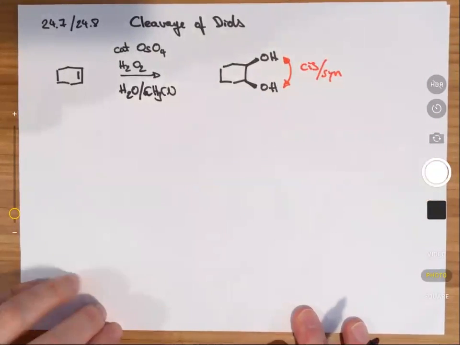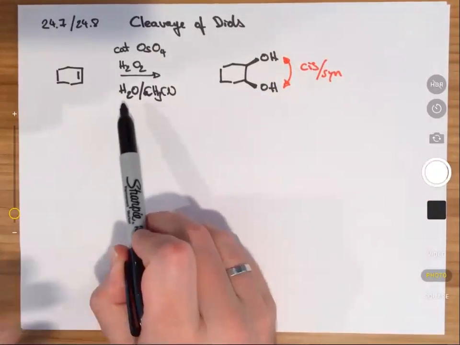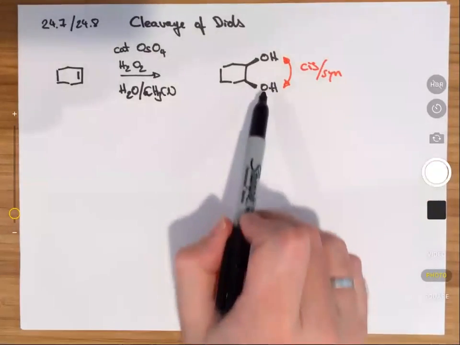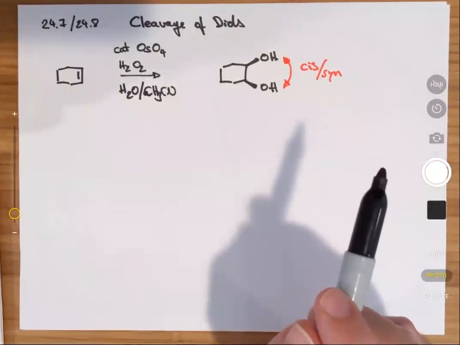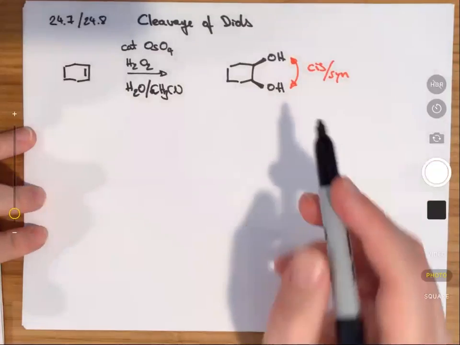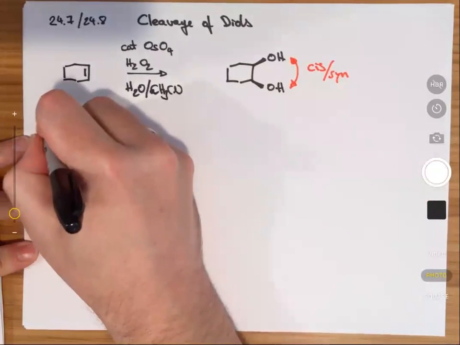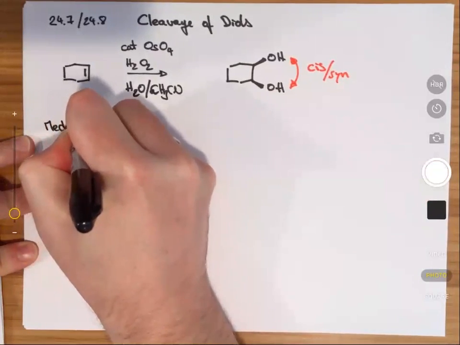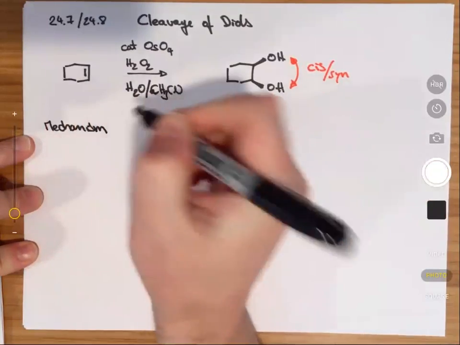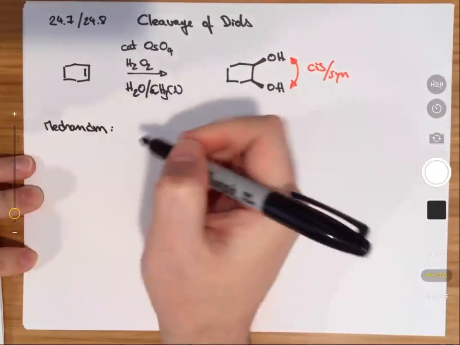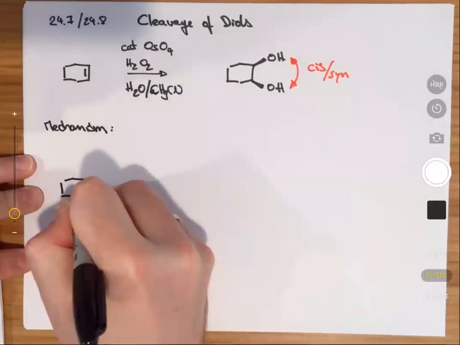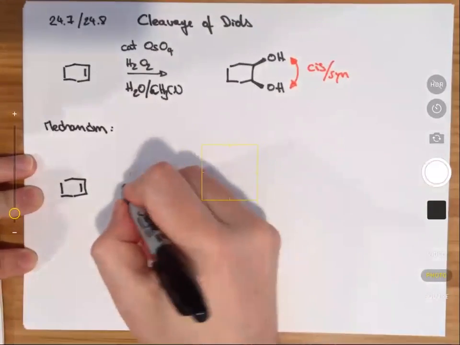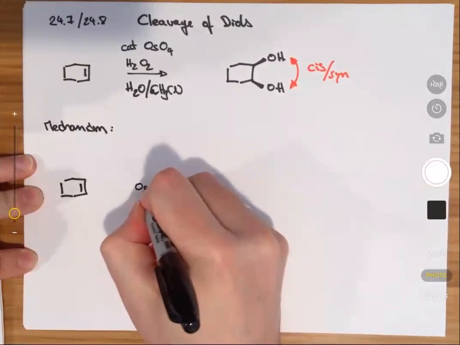Now, I mentioned that the first step in this reaction that leads to this bishydroxylation is going to be a pericyclic reaction, and we can look a little bit closer at the mechanism. And let's say we have our cyclohexene over here, and then we can draw osmium tetroxide just next to it.